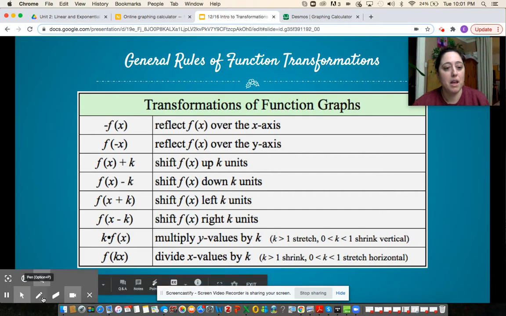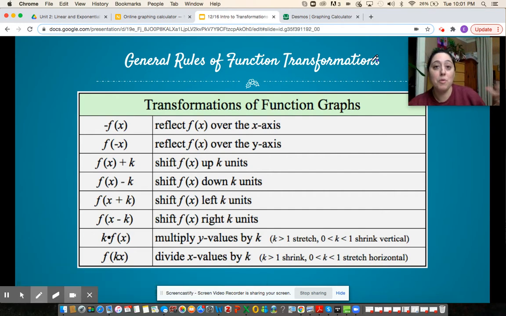All right, so transformations are how we move a graph, but we are only focusing on a few of these. If we start from the bottom, these two are what we call dilations. They'll take a U shape and make it wider, narrower, squish it up, or pull it down.